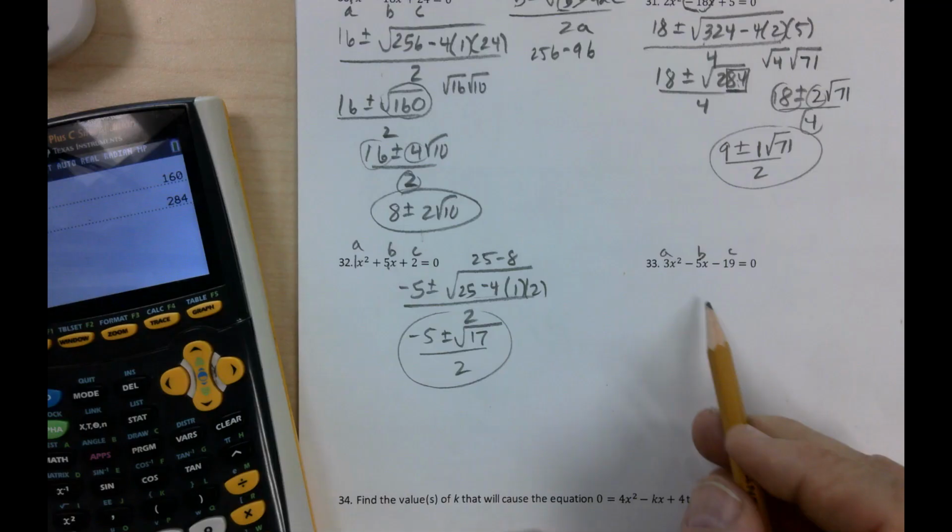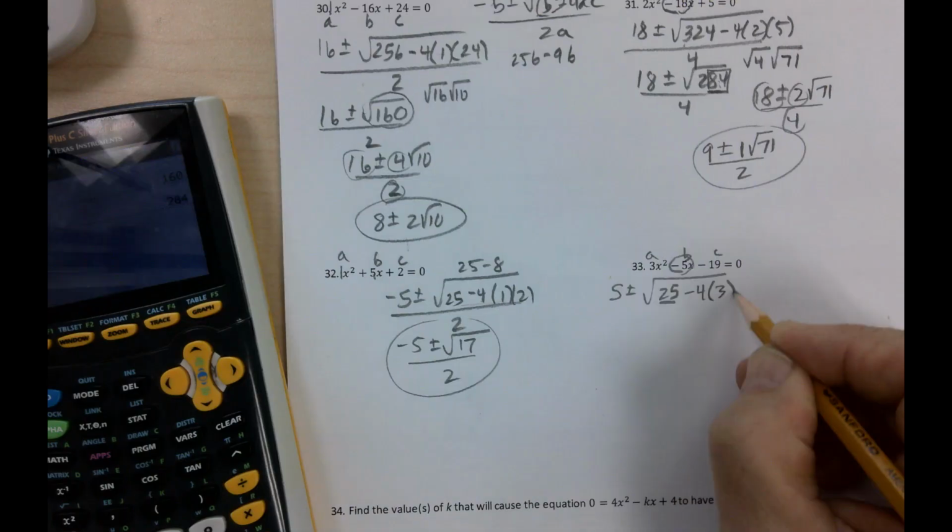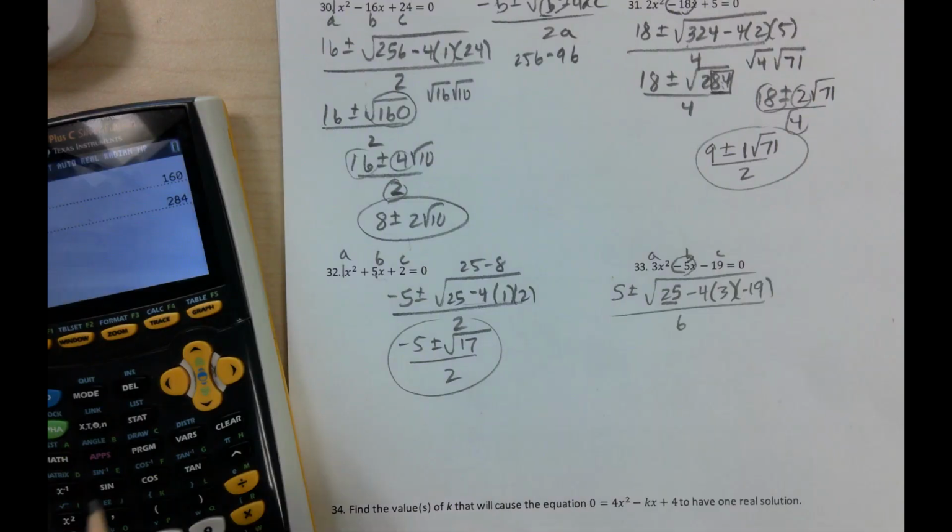Last one. Looks like they're throwing some with it. So the opposite of B would be 5 plus or minus the square root. If I square negative 5, I get 25. This will always be positive because you're squaring it. A times C all over 2A, which is 6. So I'm going to use my calculator here. 228.